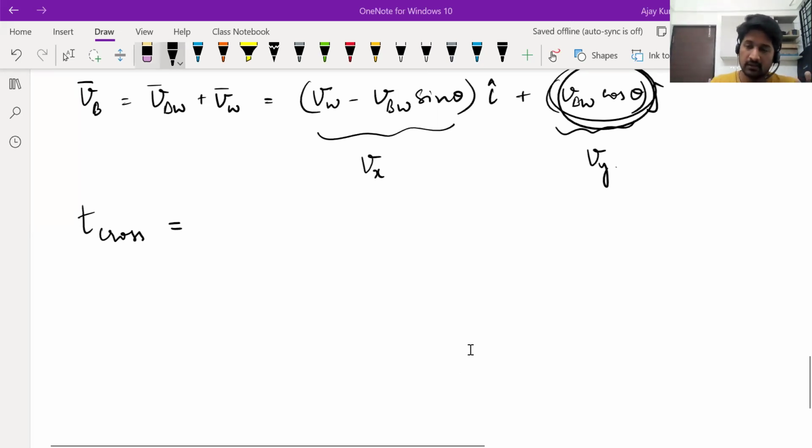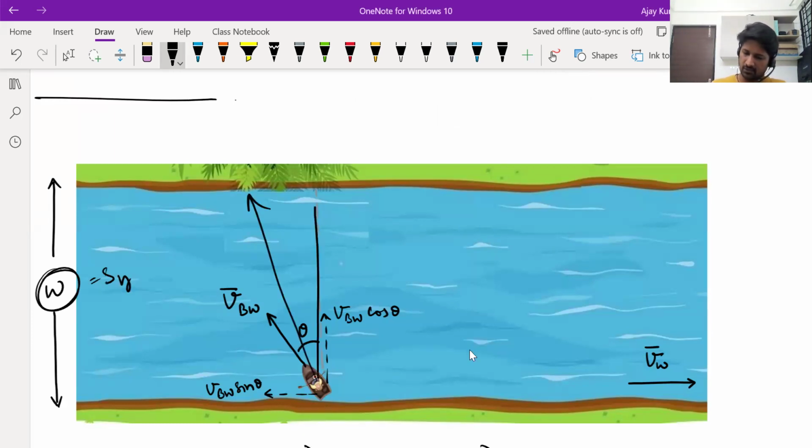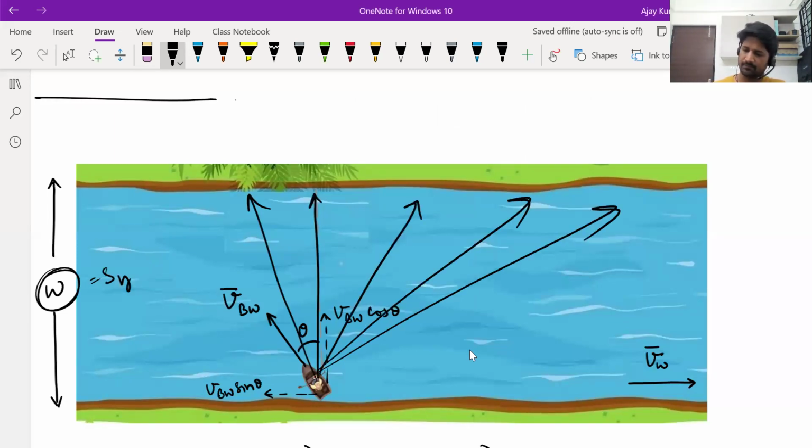See, we know X component of velocity, we know Y component of velocity also. But we know displacement only in the Y direction. Width becomes displacement in the Y direction. The boat may go like this, may cross with zero drift, may go like this or like this, depending on the angle at which it is oriented and its speed also.